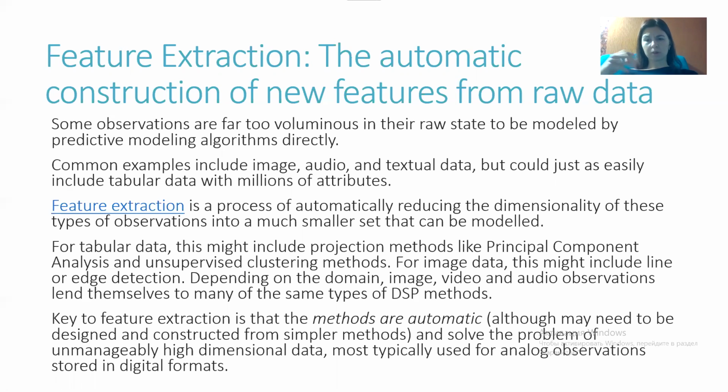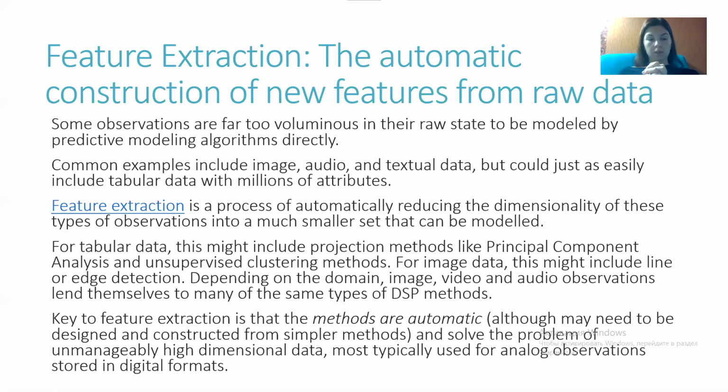So it's also tabular data actually. And feature extraction is a process of automatically reducing the dimensionality of these types of observation into a much smaller data set that can be modeled. So we need to simplify our data set.